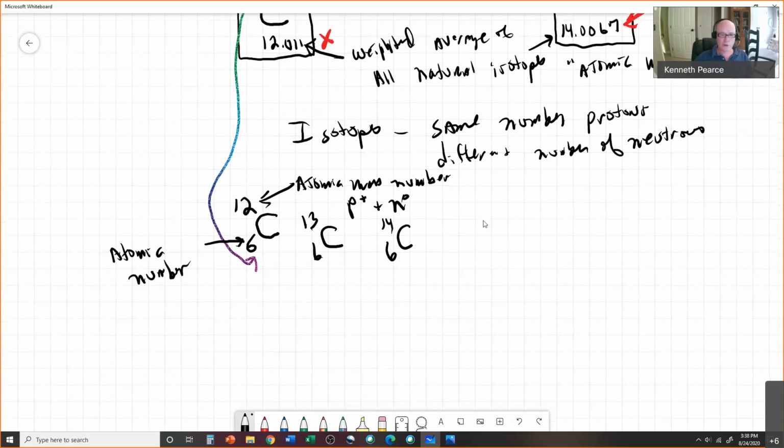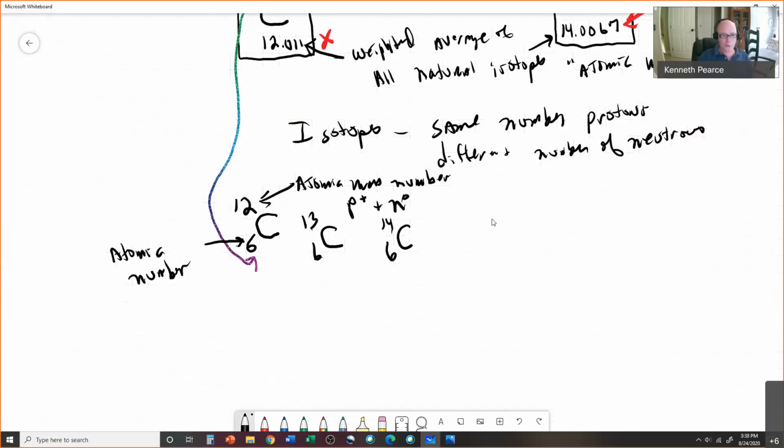And if you take a look here, we can say how many protons, how many neutrons, and we might as well make it complete, say how many electrons if it's electrically neutral. And of course, to be electrically neutral, we have to have the same number of protons and electrons. So in all cases, the number of protons for each of these 3 isotopes is going to be 6.